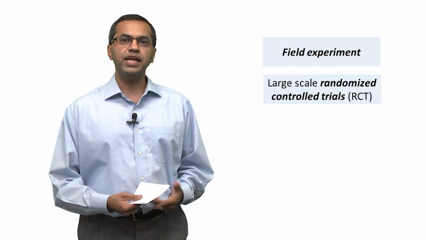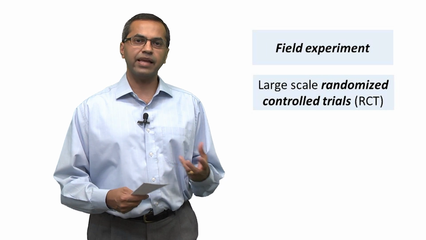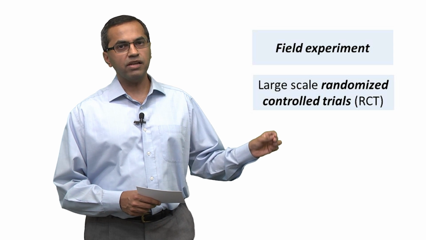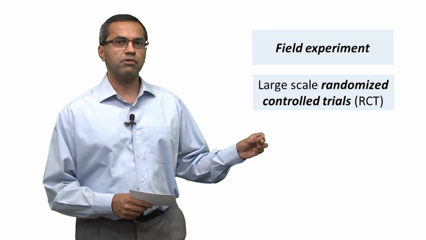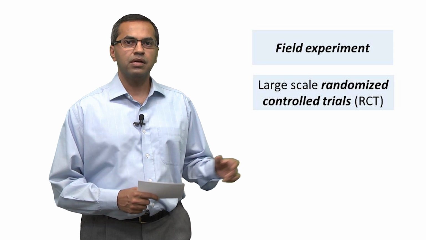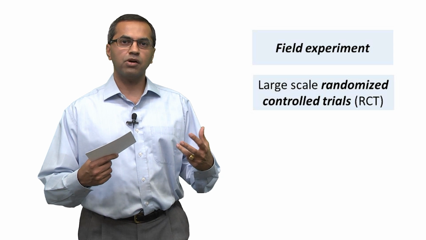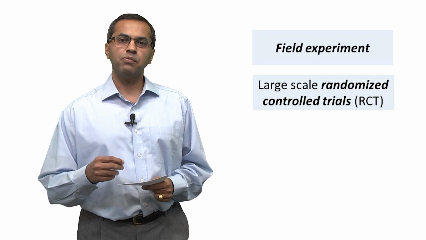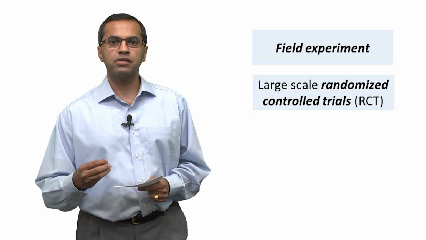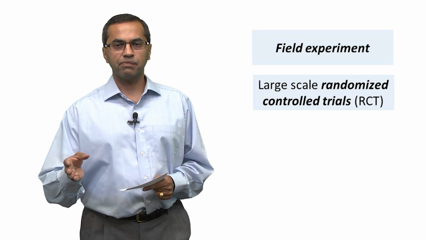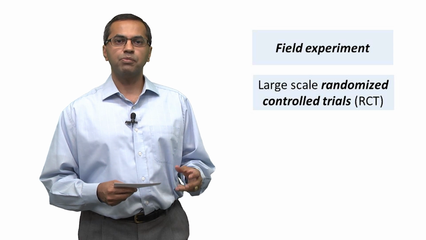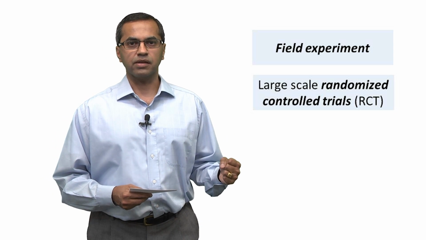And finally, there are 2 sets of experiments that we call field experiments, and they differ in the scale. Both in field experiments as well as what we call randomized controlled trials, the researcher actively goes out into the field and they come up with an intervention or a manipulation to look at the effect of a predictor variable on people's actual decision making.